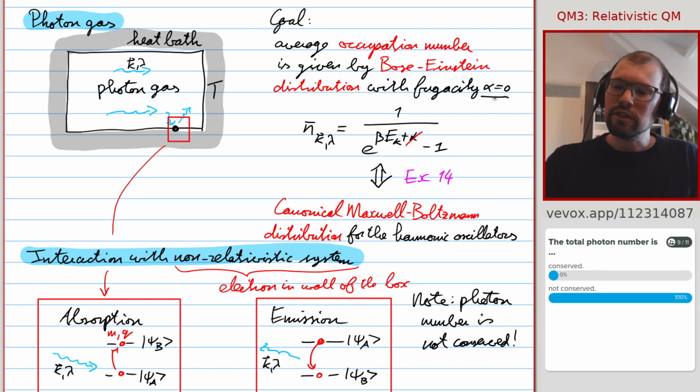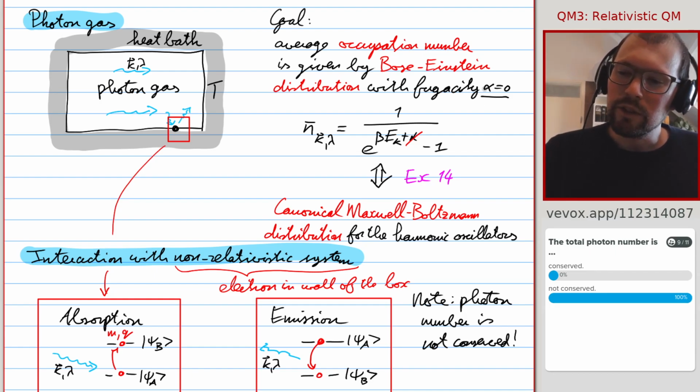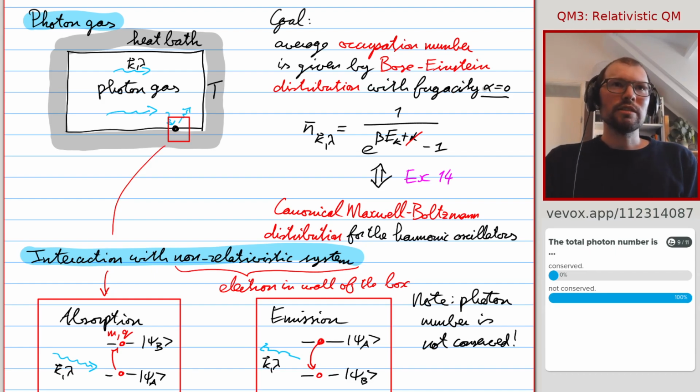Or to put it differently, if I would take a positive fugacity, which essentially says that I can lower the energy of the system by putting a new particle in, well, in a photon gas it would be a very unstable situation because I could just add photons from nothing, have them emitted from the boundary, to either increase or decrease your energy as far as you like.